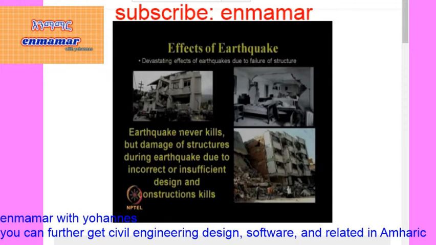So we cannot say that earthquake kills human beings or other living animals. But what kills the people? It is the damage of the structure during the earthquake, due to either incorrect or insufficient design and construction, which kills the human beings or people who are staying in those houses or buildings or related structures.